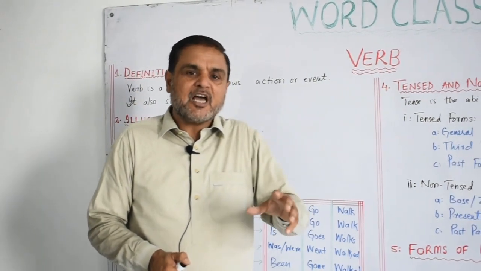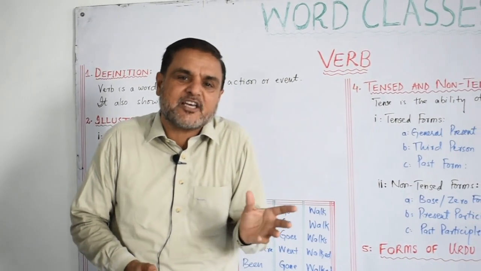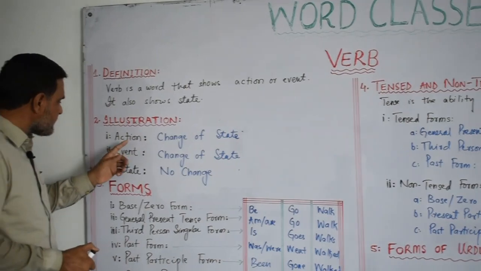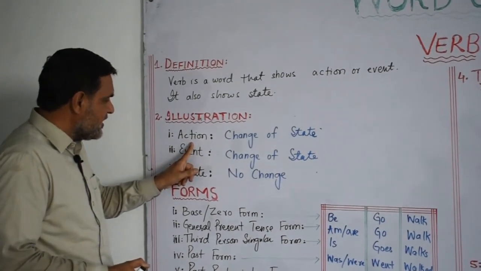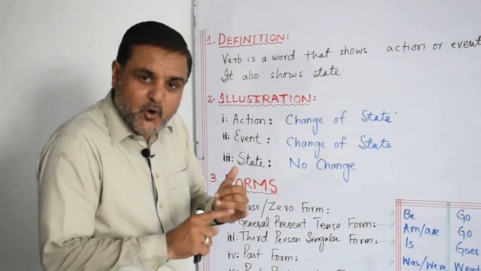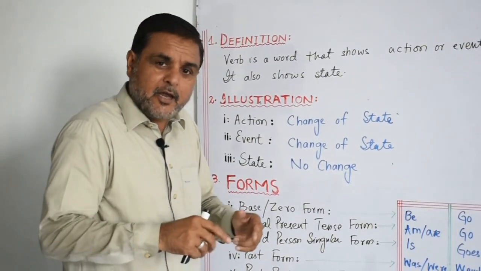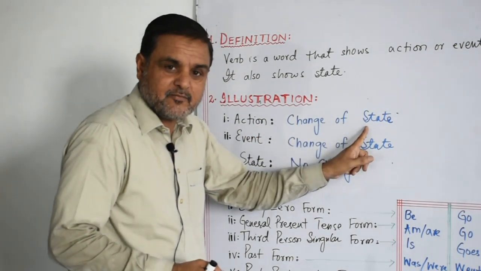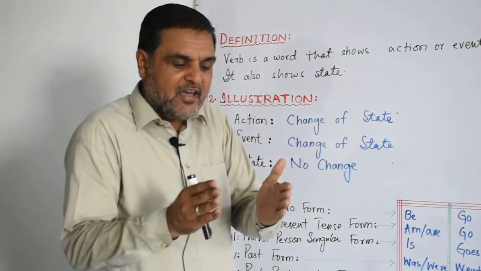So for this purpose, I am going to make a simple illustration of action or event. So here it is. What is action? Action means change of state. Verb shows action. And what is action? Action stands for change of state.